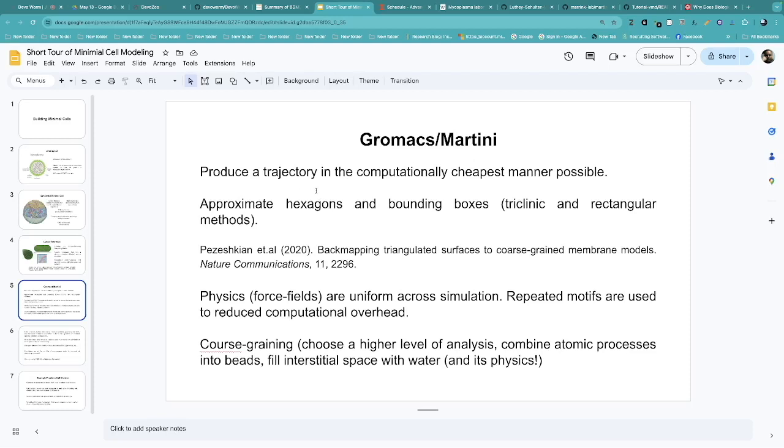We can't measure every interaction, not least because it's not necessarily important to get those precise, but because we don't have the computational power to do that. So we try to approximate things, like hexagons and bounding boxes. They were talking about these different methods, like triclinic and rectangular methods, which reminded me of how we think about cells.